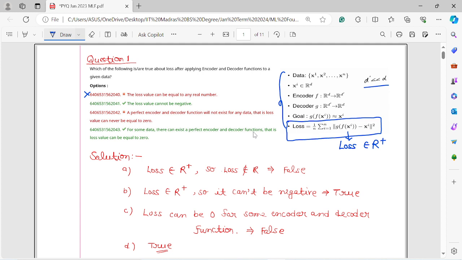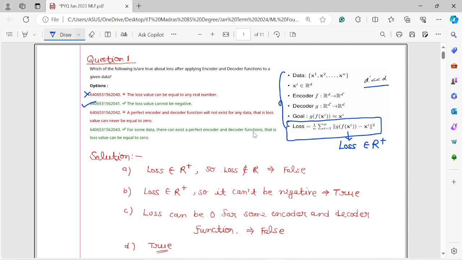The second option is that the loss value cannot be negative. This is true, because we have taken the modulus, so it cannot be negative. This is correct. The third option: a perfect encoder and decoder function will not exist for any data, that is, the loss value can never be equal to 0. So for a perfect encoder and decoder function, the loss value cannot be equal to 0?